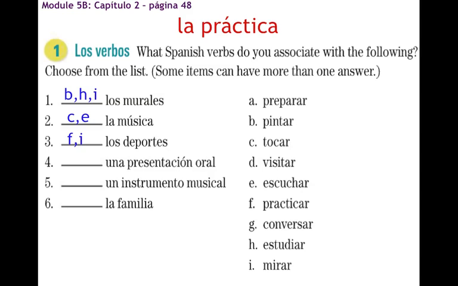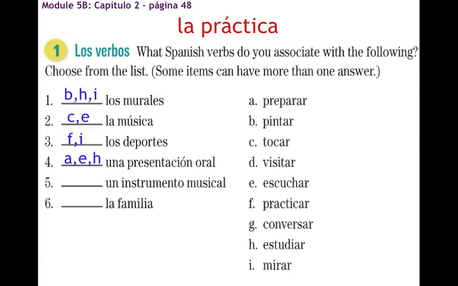How about una presentación oral? An oral presentation. A, E, H. Preparar una presentación oral, escuchar una presentación oral, estudiar una presentación oral.